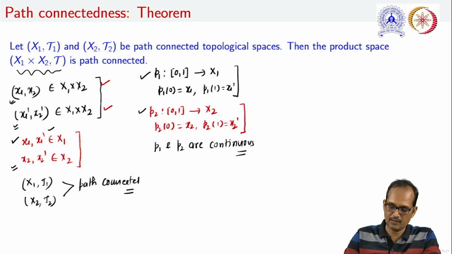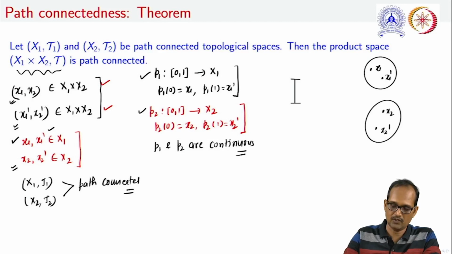So what exactly do we have with us? This is the closed interval 0 1 and we have two spaces, X1 and X2. Let us take elements here, x1 and x1 dash, and in the other space x2 and x2 dash.